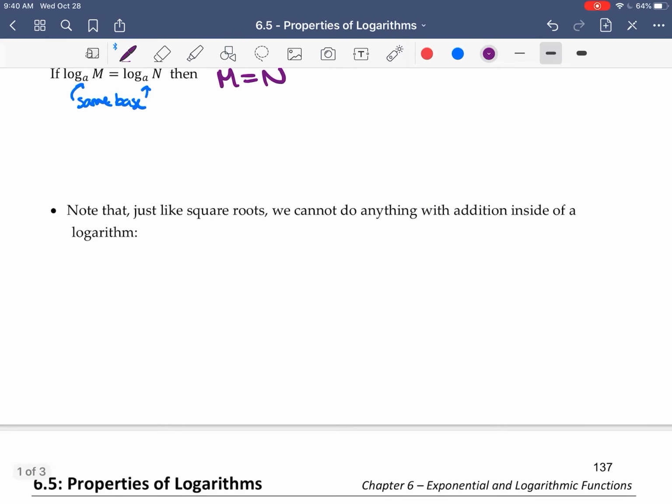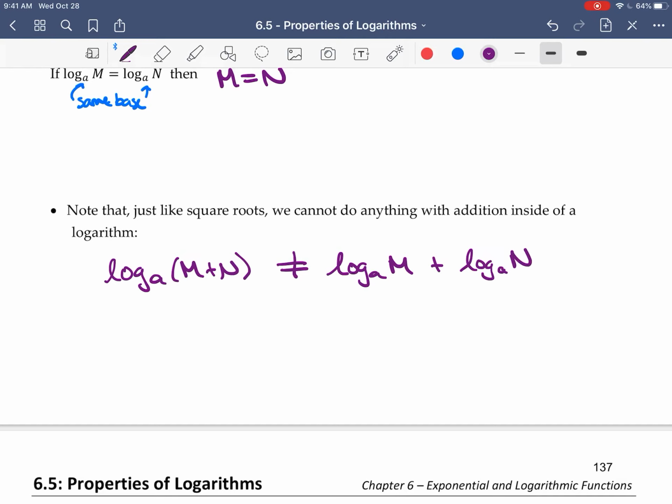So a note here, just like the square roots and the powers and everything, if you have addition inside, log base a of m plus n, this is definitely not equal to log base a of m plus log base a of n. Okay, definitely not equal. It's also not equal to, say, log base a of m plus n separately. Okay, definitely not. It's stuck like this.